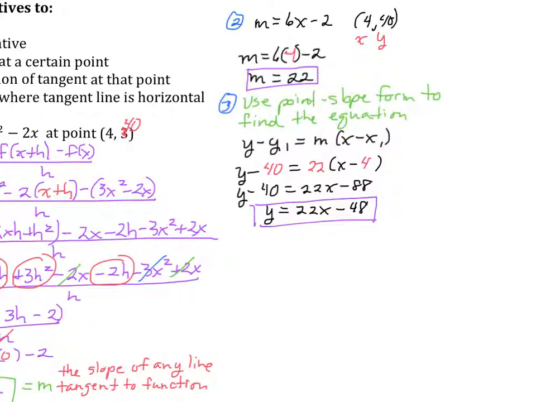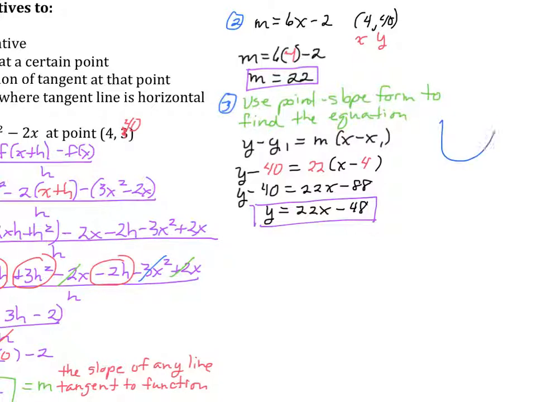Let's just look at a parabola, for instance. This happens to be the equation of a parabola, but if we were looking at a parabola, so here's my parabola over here. Actually, this is a parabola opening up, isn't it? Let's be a little bit more accurate.